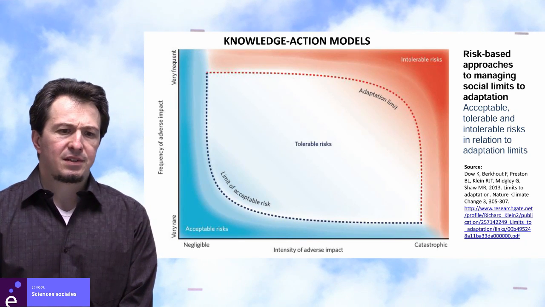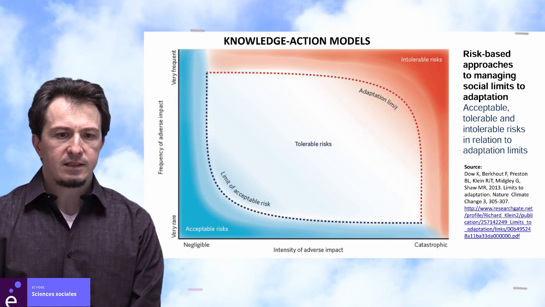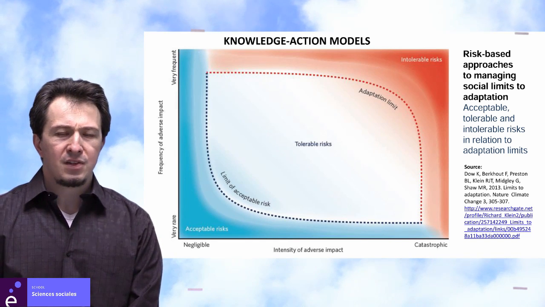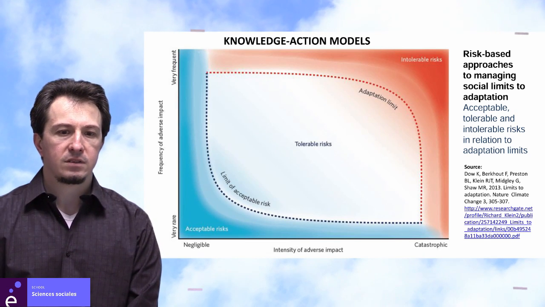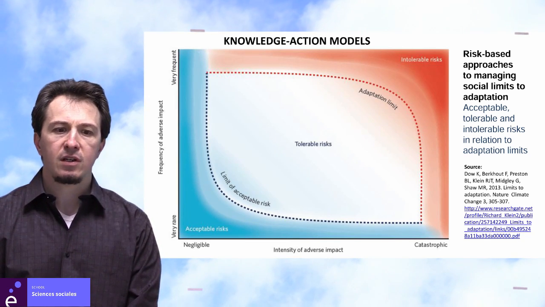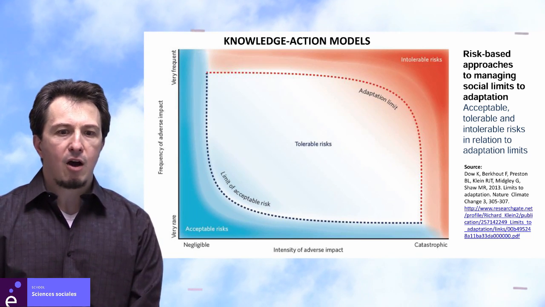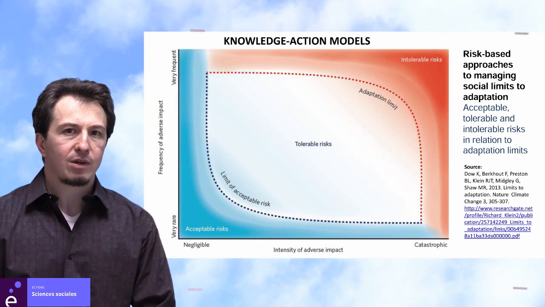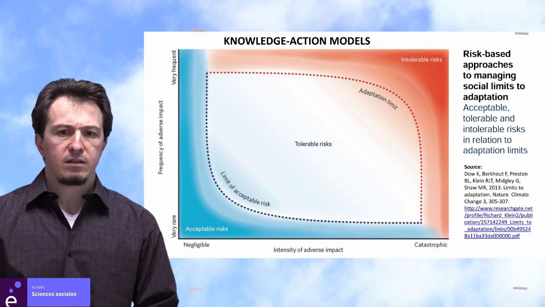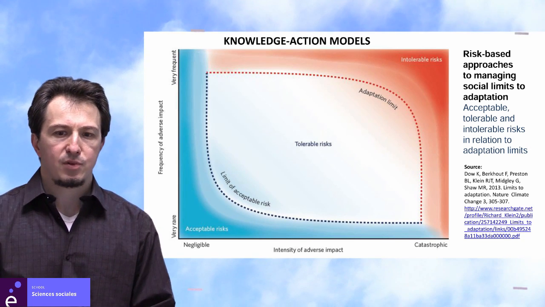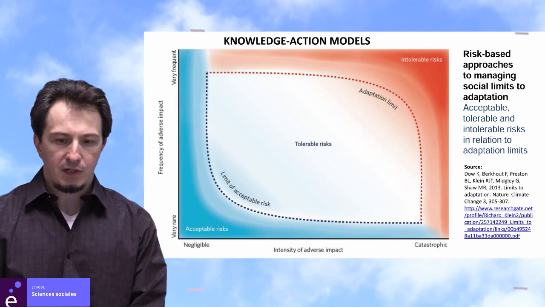However, what is important is that in both cases, if you look at the limits here, the blue and the red lines, this space of options might be big enough, have some space of movement, or not very large. So your concern should be how big it is and whether you can enlarge it or not. Risk-based approaches to managing social limits to adaptation, it's a good start.